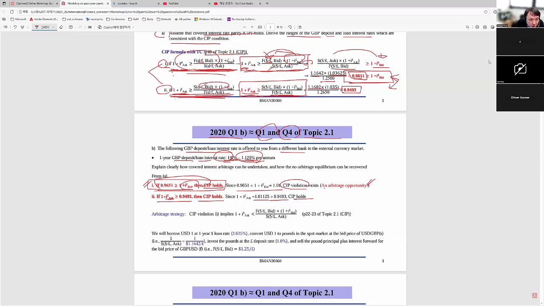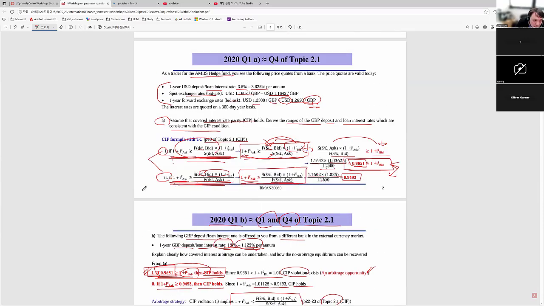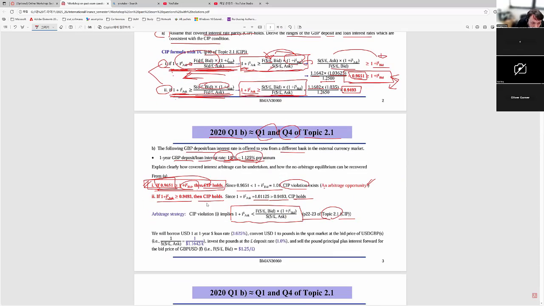Now, how should we exploit these CIP violations? If you remember pages 22 and 23 of the topic 2.1 CIP slides, there I explain what to do when CIP is violated, which means we have the opposite inequality, so we have this case.